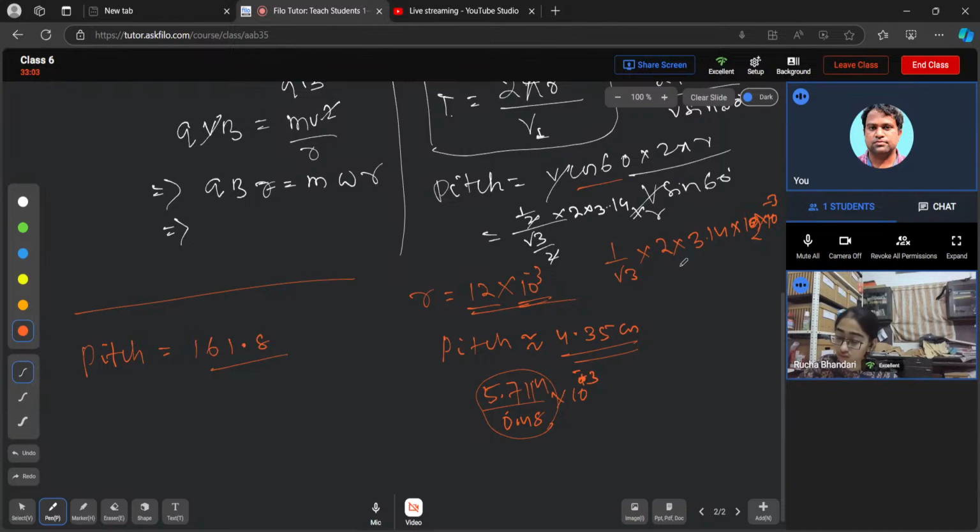What you are getting is 2 into 3.14 into 12 into 10 to the power minus 3, divided by 1.73. It's coming.